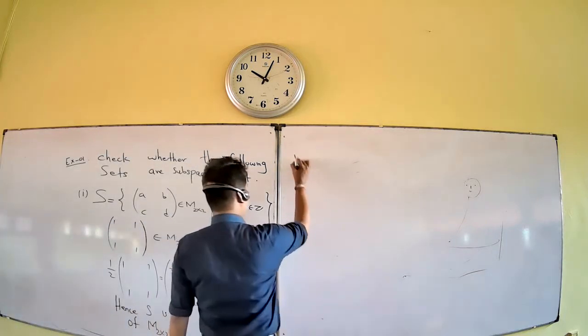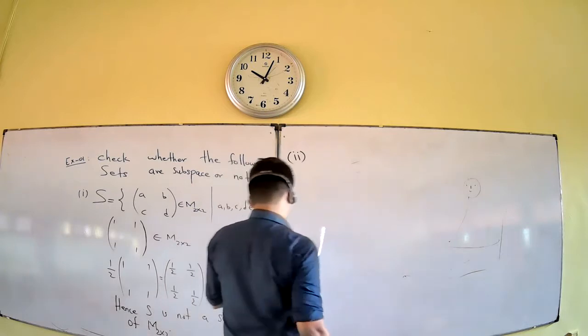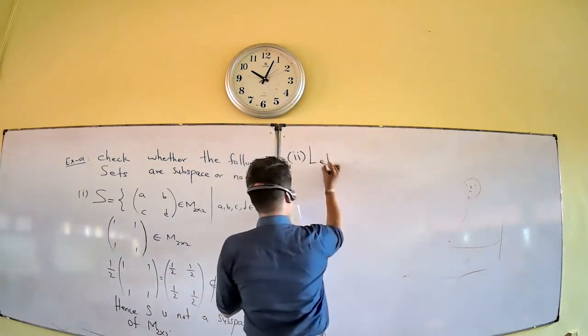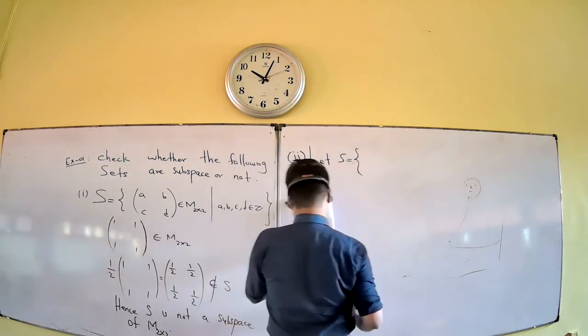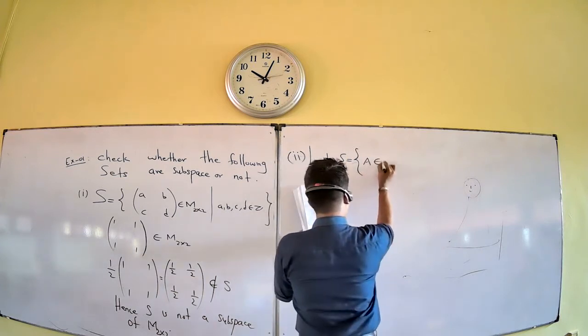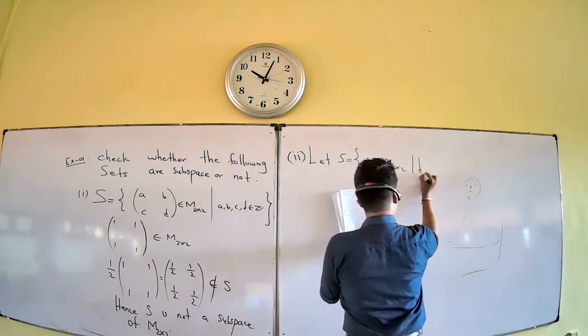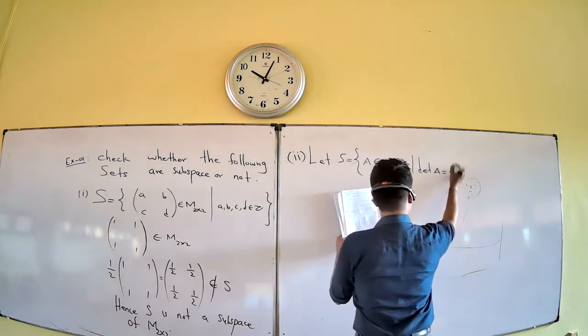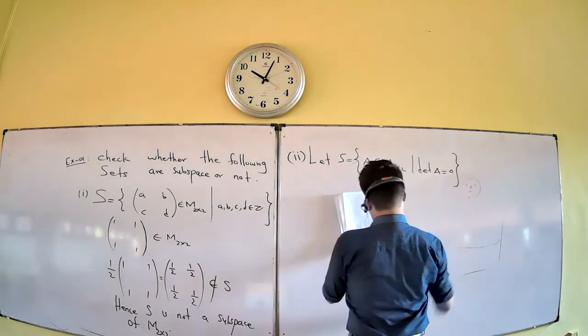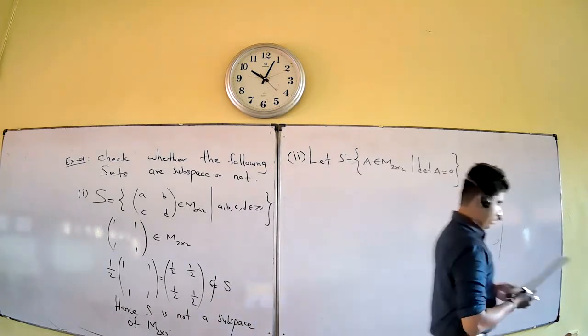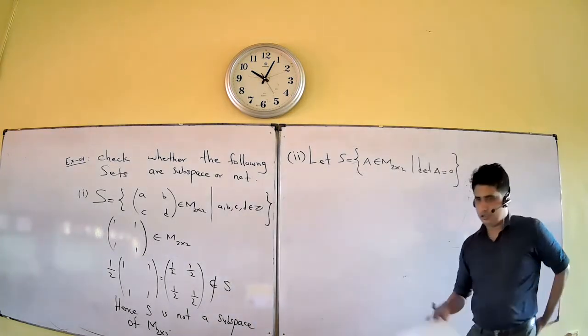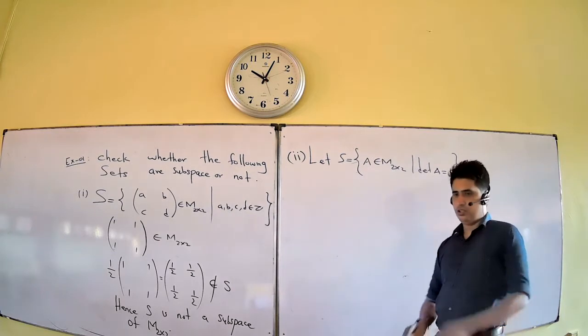Another example, let S be the set of A belonging to M2 cross 2 matrices such that the determinant of A equals 0. Check whether this set is a subspace or not.